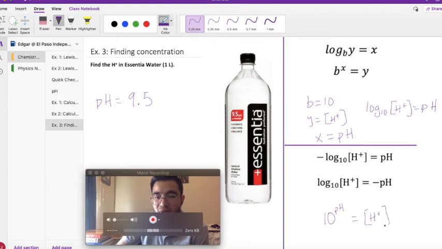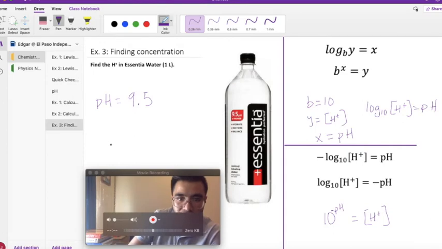This is almost correct, but for us, we have a negative in our equation for pH. So you add a negative. And there you have it. To find the hydrogen ion concentration, you need 10 raised to the negative pH as an exponent. Hydrogen ion concentration is equal to 10 to the negative pH.